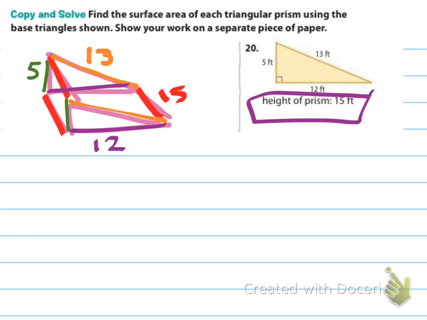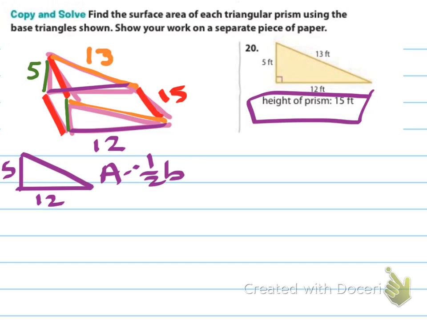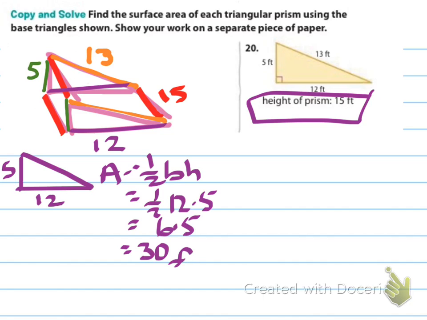Using the net method, I'm going to do my pieces. For my triangles, I'm going to do my base times my height. So area equals 1/2 base times height, 1/2 of 12 times 5. It's going to be 6 times 5, which is 30 feet squared. And I know that there's 2 of those.